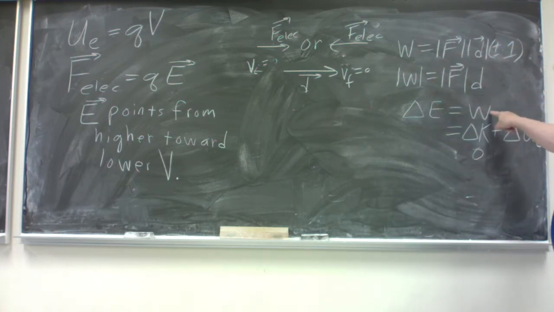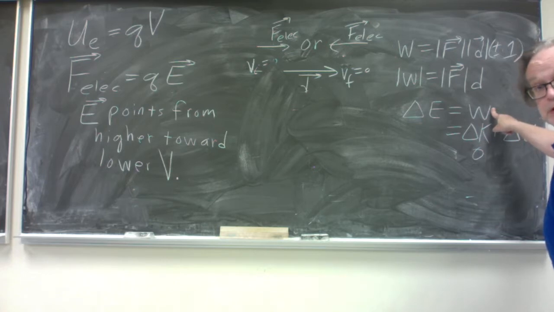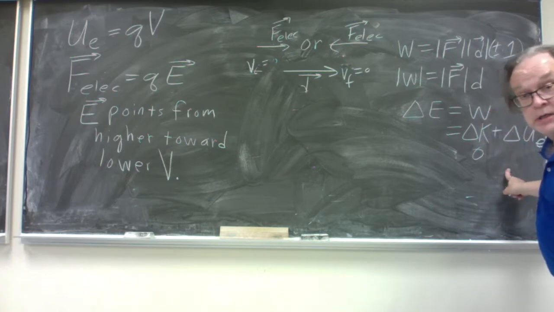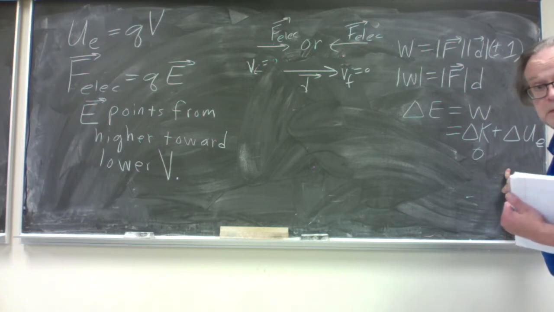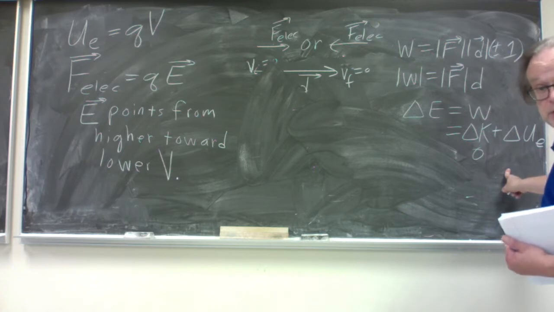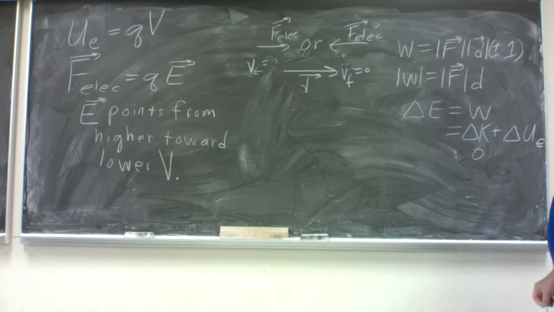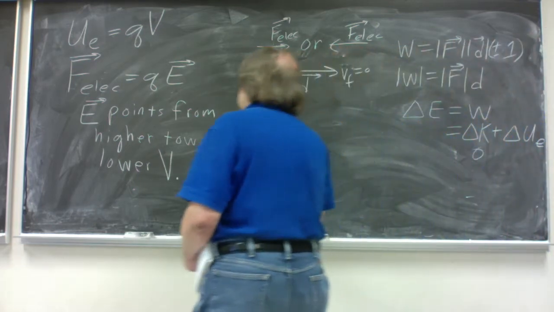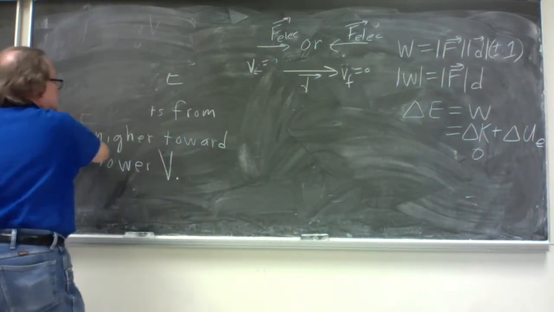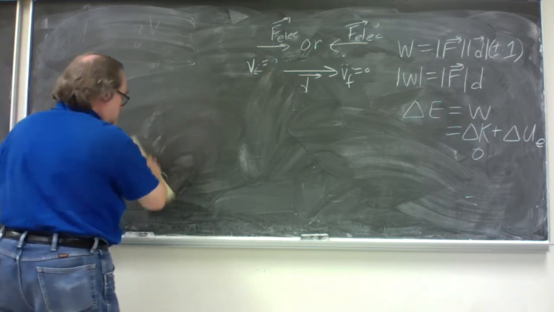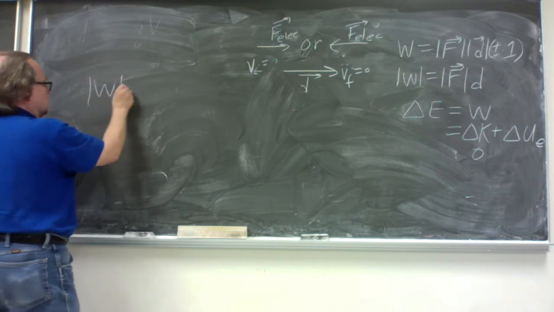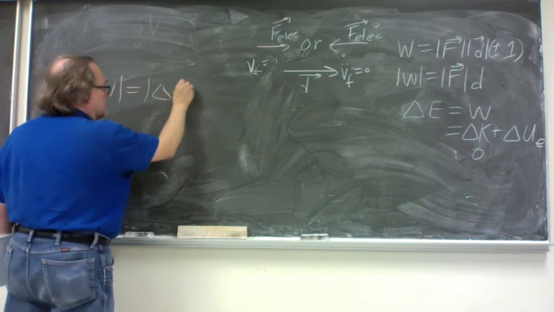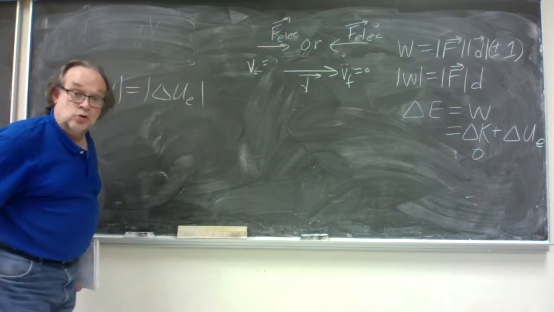So in that case, the work done shows up entirely as a change in the system's electrical potential energy. So then the magnitude of the work done will just equal the magnitude of the change in electrical potential energy.